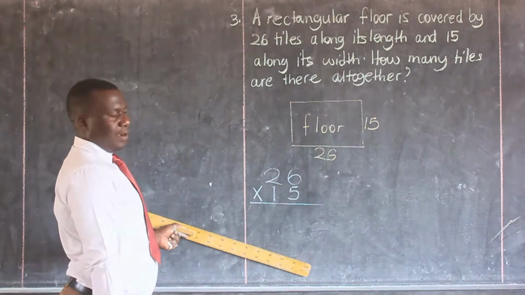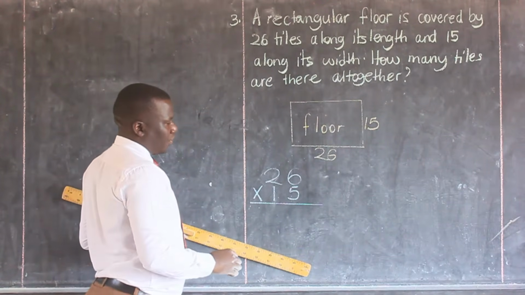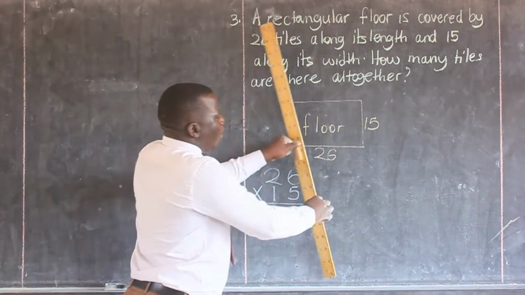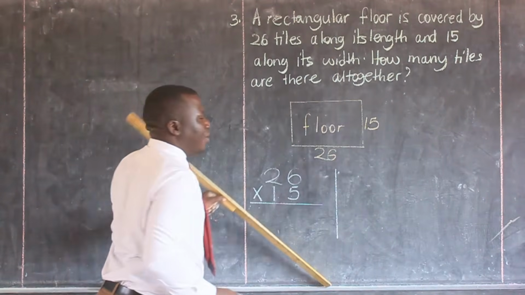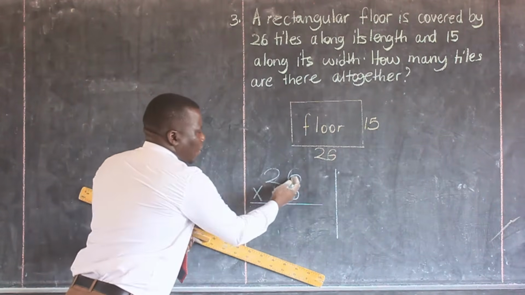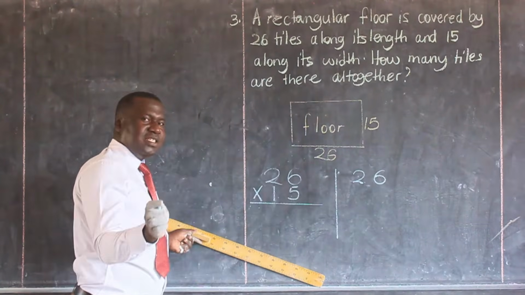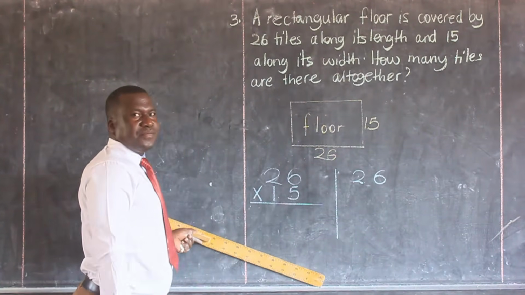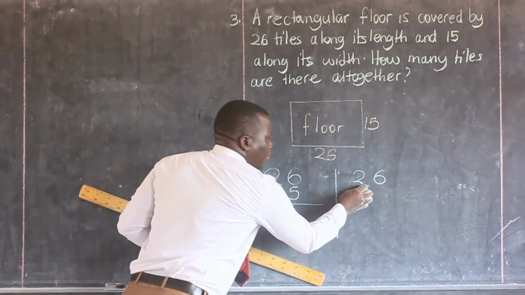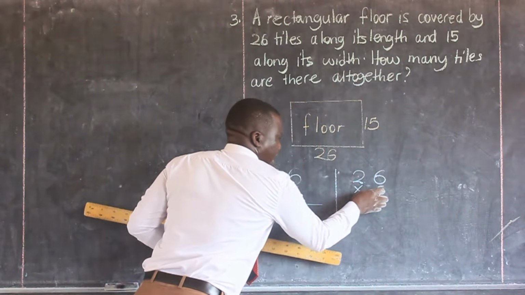In our method 1, I believe now you remember it very well. What we do, get this 26. First multiply that 26 with 5.